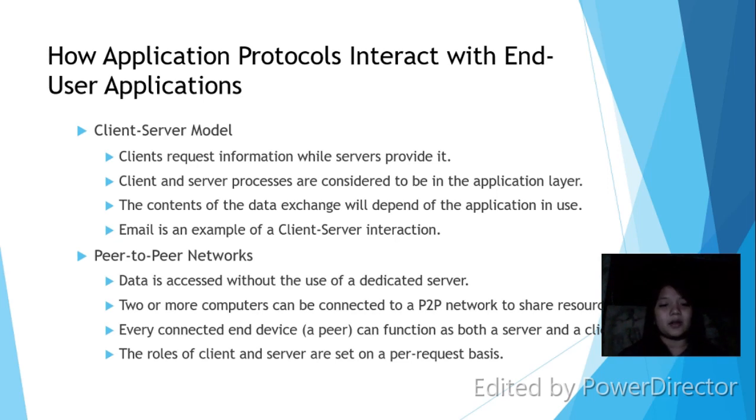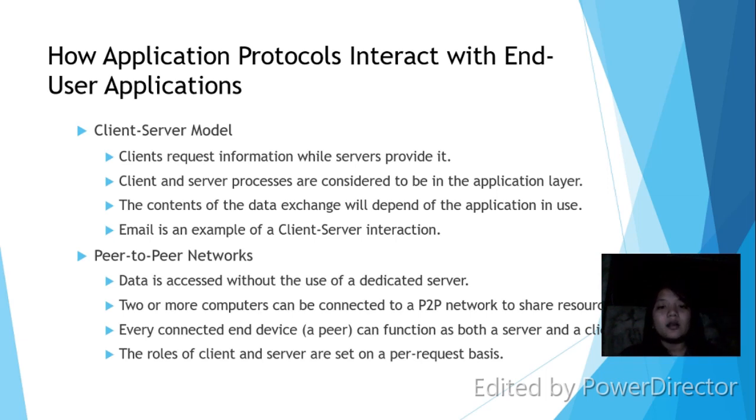Email is an example of a client-server interaction. So in the client-server model, the client will request the information, then the server will provide it. An example of this is email.